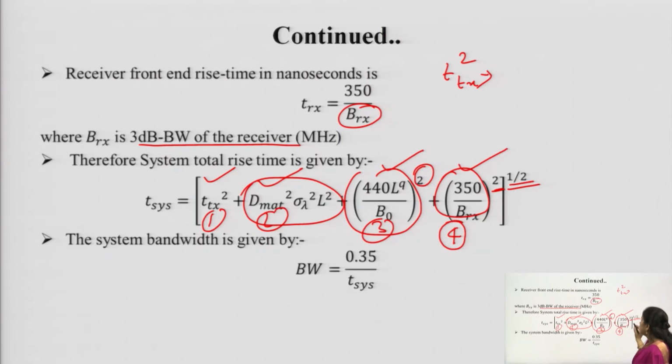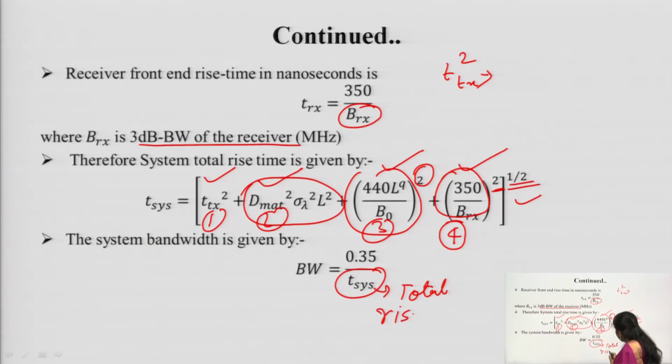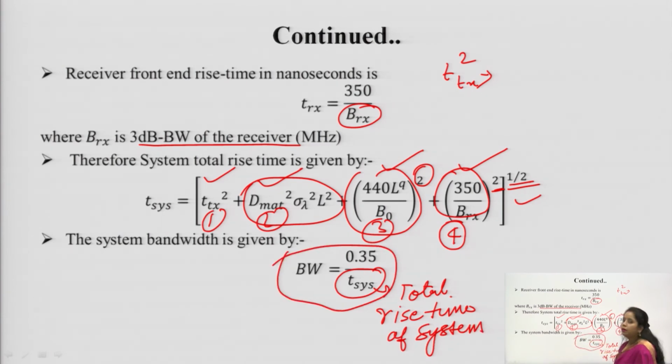This will be the formula for the total rise time. When you are able to calculate the total rise time of the system, based upon this we will be able to calculate the bandwidth.